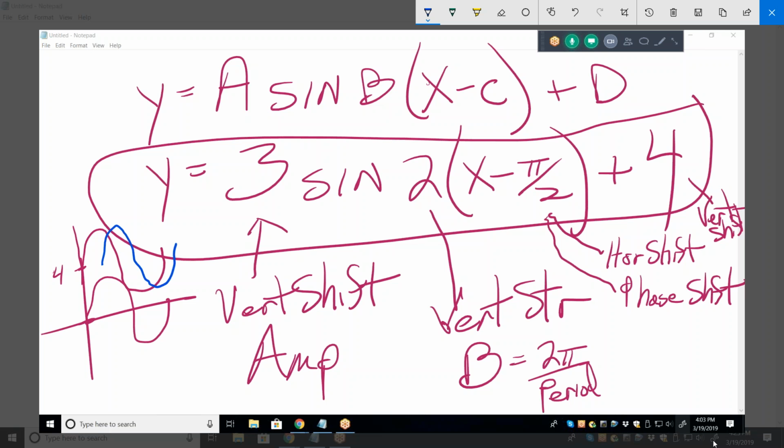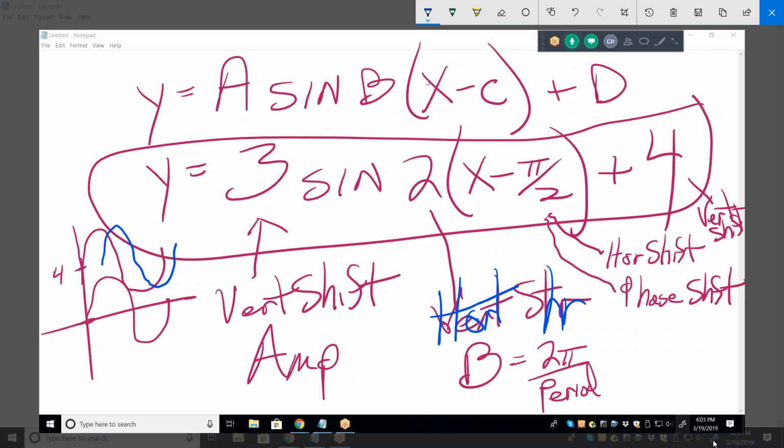Now I'm going to apply the, excuse me, that is a horizontal stretch factor. Actually, it's a horizontal shrink. Okay? If you're dealing with verticals, numbers greater than 1 are stretches.